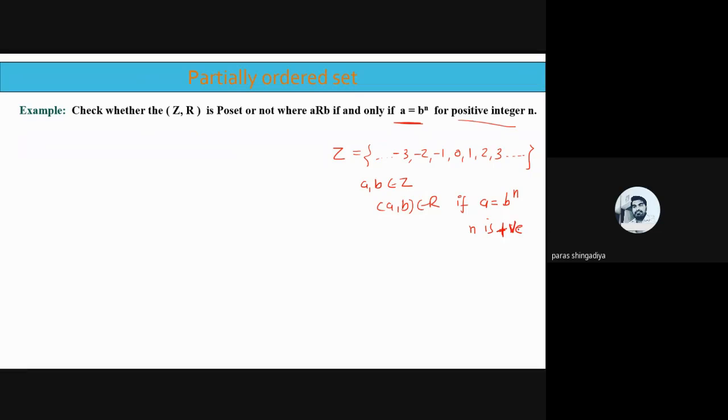That is the notation of positive integer: n should be a positive integer. So which pairs can you include in R, where you can check a is equal to b raised to n form?